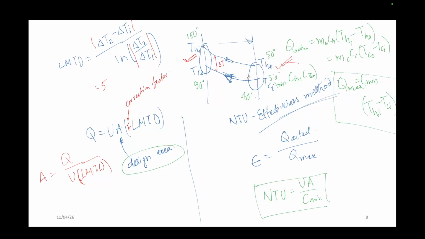But in general, as the flow is in the opposite direction, there is some extra phenomena, like turbulence and others, that is a little more or a little less compared to parallel flow. That's why we use a factor F, which accounts for all the other external parameters that we haven't counted in the calculation of the LMTD for counter flow.